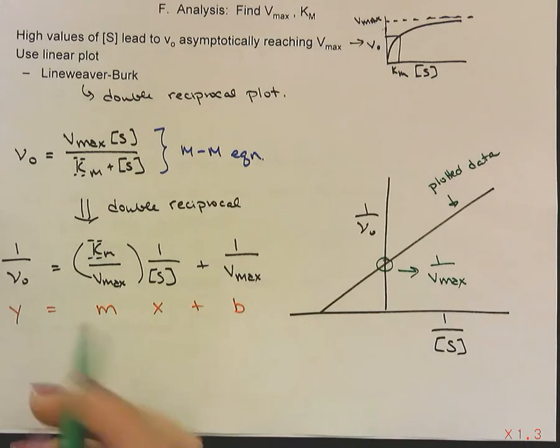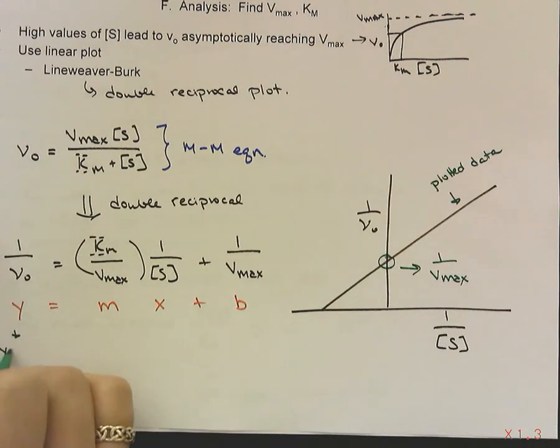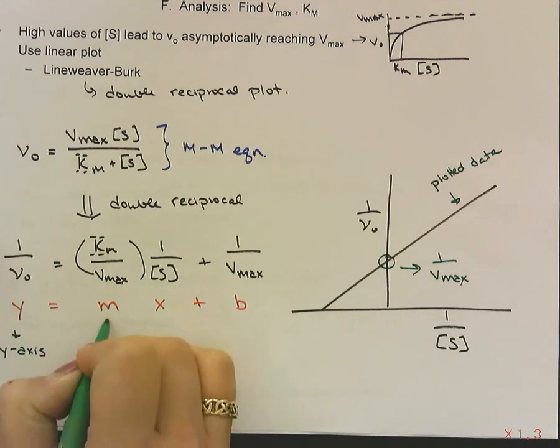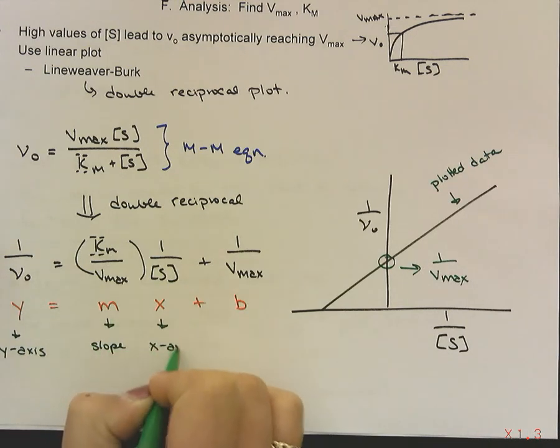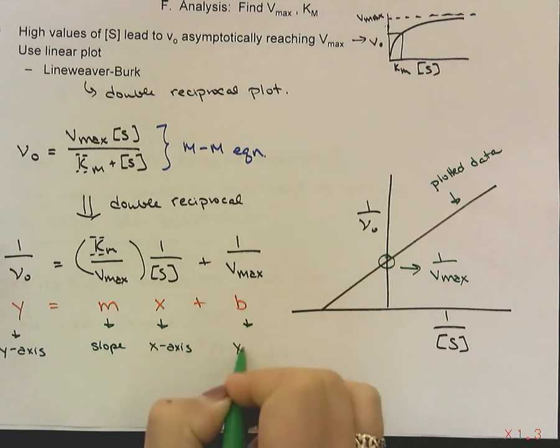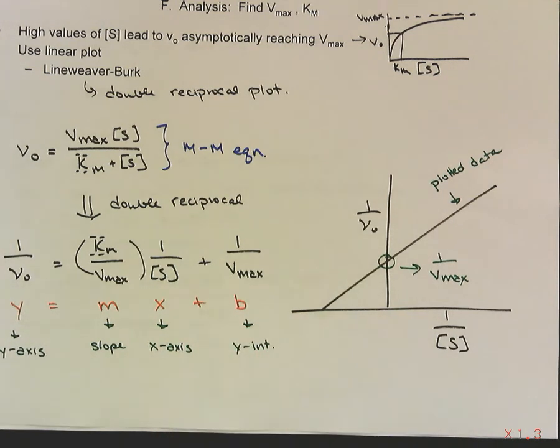Okay, let's do a little graph review. This is the y-axis. This is the slope. This is the x-axis. This is the y-intercept. That was not good. It's all right. We're going to spend the rest of the chapter graphing stuff, so by the end of the chapter, hopefully, this goes a little smoother.